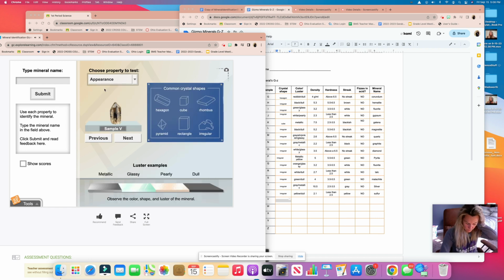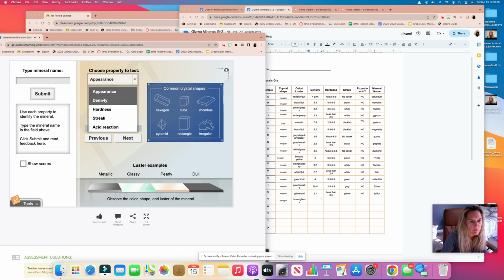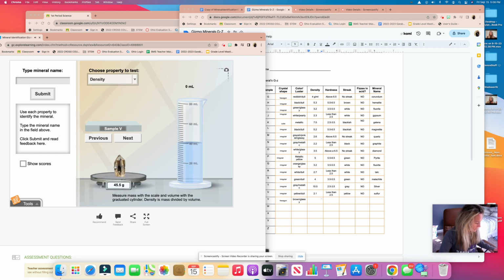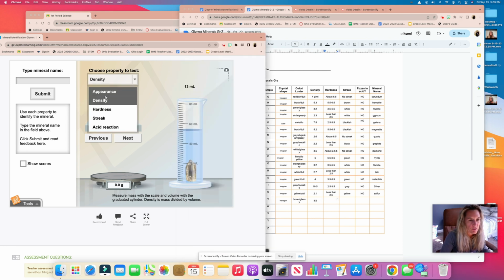All right, so this one here, this is sample V. I guess sample V is a pretty good hexagon shape. So we're gonna say hexagon shape. It is brown and glassy. Let's try its density. All right, mass of 45.5 divided by the volume of 13 would give us 3.5. All right, let's do the hardness test.